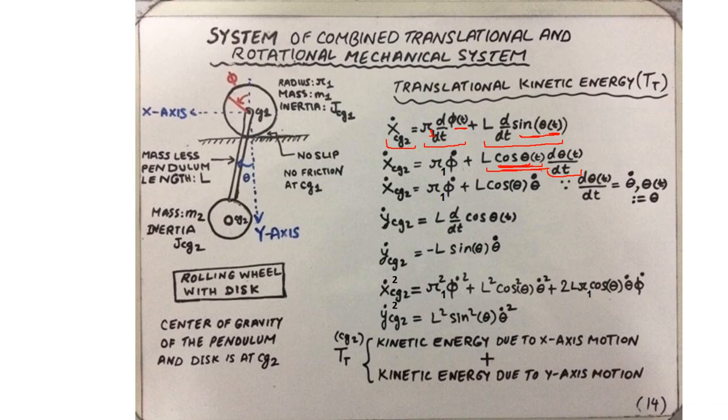So this gives you x dot CG2 is r1 phi dot plus L cosine theta times theta dot. The second term is actually the product of L cosine theta and theta dot. Once again, theta of t is essentially theta. Sometimes we switch between this notation for greater clarity, but we should keep in mind that theta of t and theta are the same.